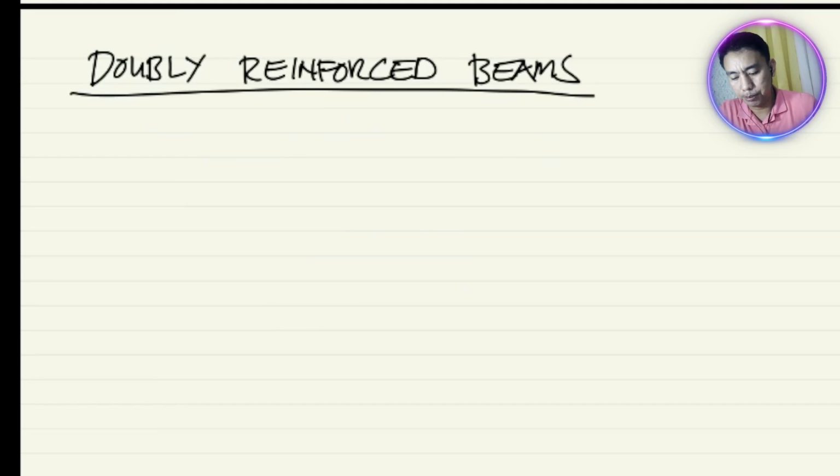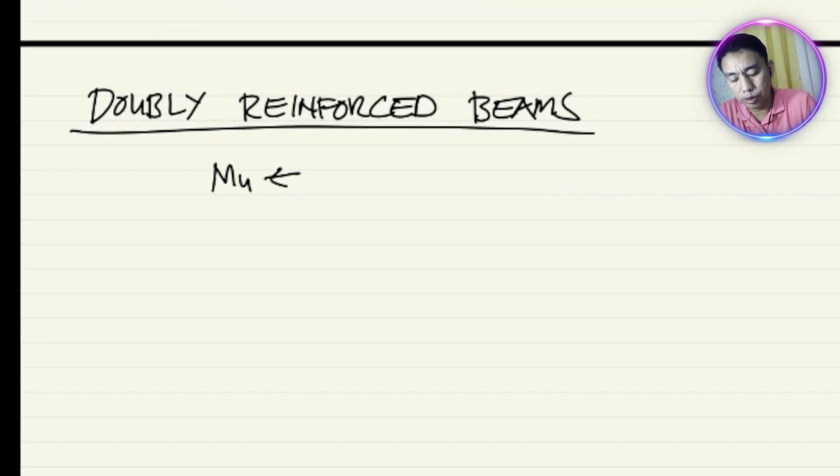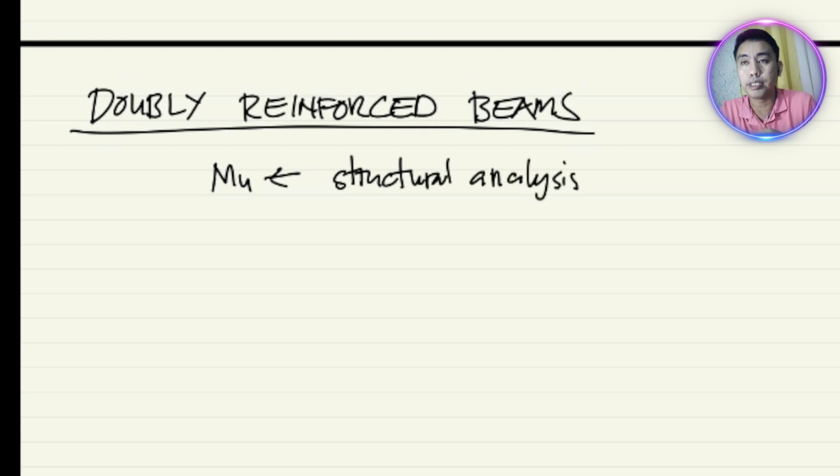Doubly reinforced beams. So in a typical design procedure in designing beams, we always start with the determination of MU, okay? This MU can be taken or solved from the structural analysis.